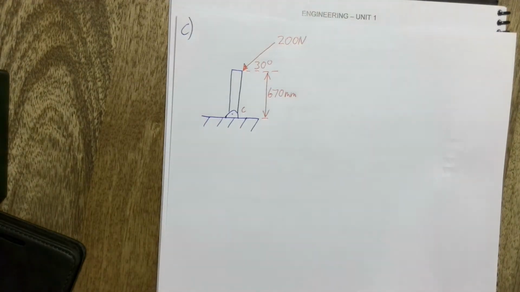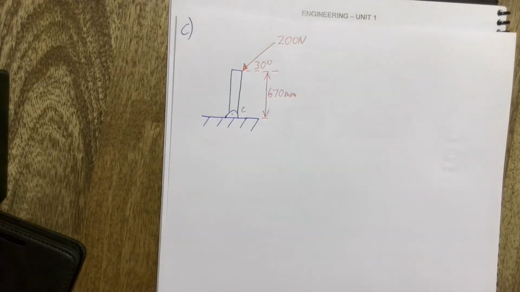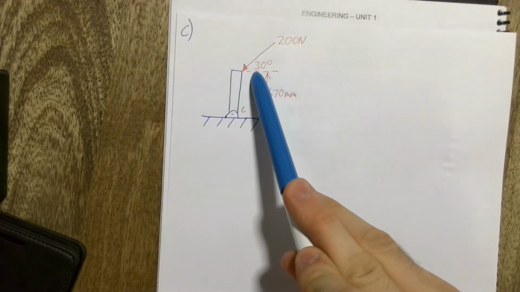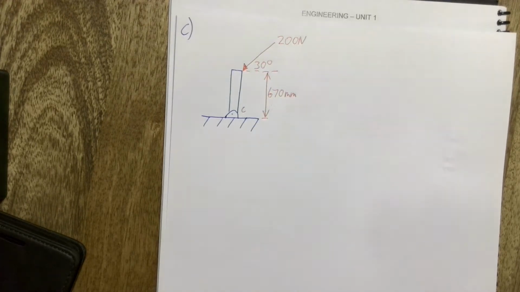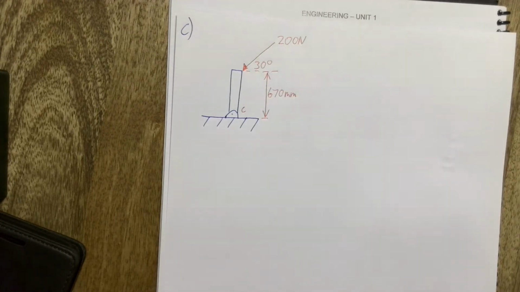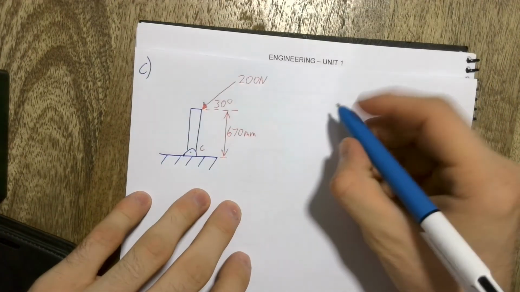Now, because we've got an angled force, and we learned this a little while ago about angled forces, when we look for an angled force, we are looking for either a force horizontal or a force vertical, okay, to help us find the moments around C. So, this is the way I want to think of it.